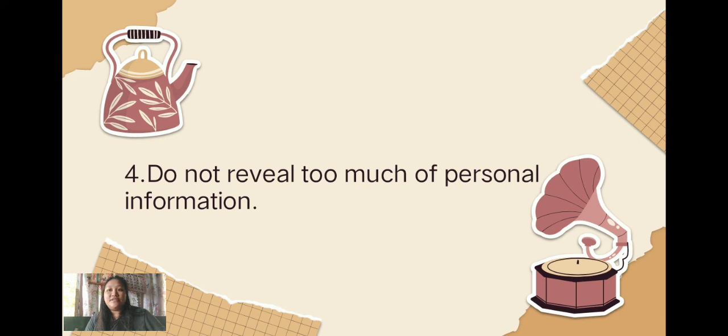Next is do not reveal too much personal information, like your contact information, your cell phone number, your email address, and even sharing your personal pictures. Though writing a blog is like writing a reflection, safeguarding yourself is most important.